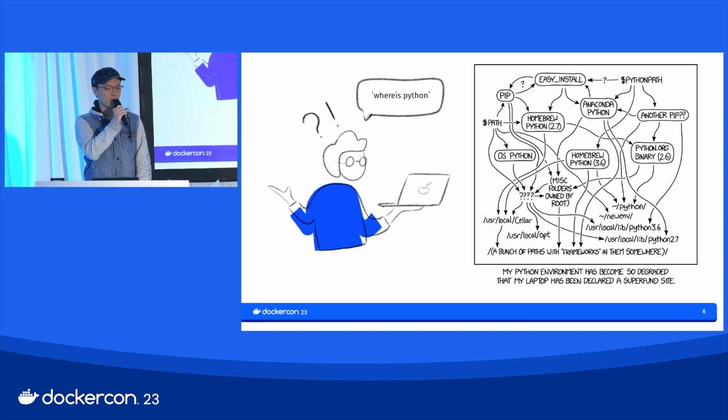So you did pip install something, and it goes to the system built-in Python, and you can't find it in your Python 3. We found it's quite common if you do everything on the host machine.